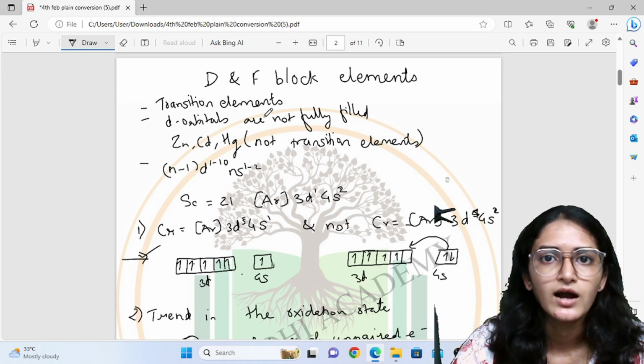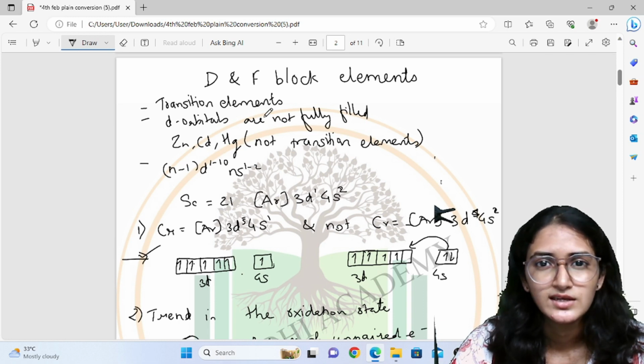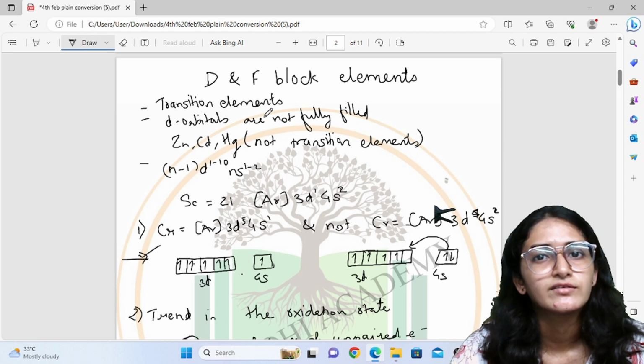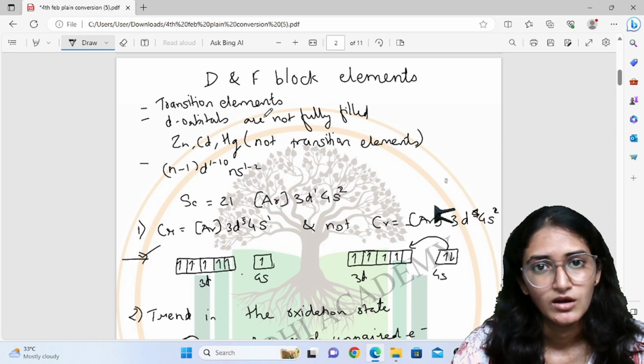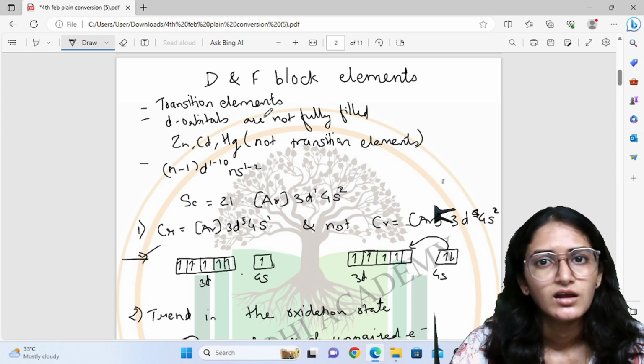Most actinoids are radioactive elements, and the half life of these elements is very short, so there is nothing much on them. Actinoid contraction is the same as lanthanoid contraction.